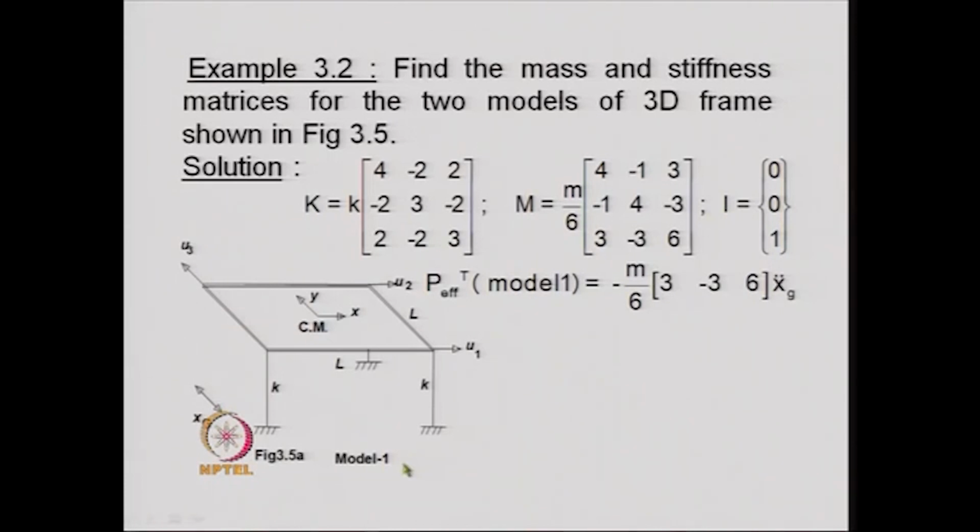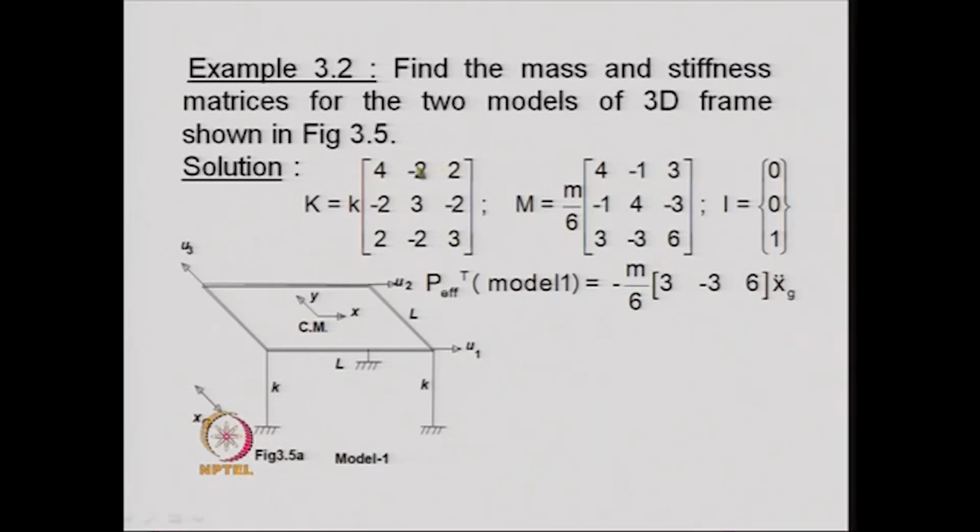So, for model 1, we see an interesting thing. The K matrix, since it is an asymmetric system, since one column is absent over here, the system will have a two-way eccentricity. That means the center of mass and center of rigidity will be placed such that there is Ex and Ey, 2 eccentricities will come into the picture.